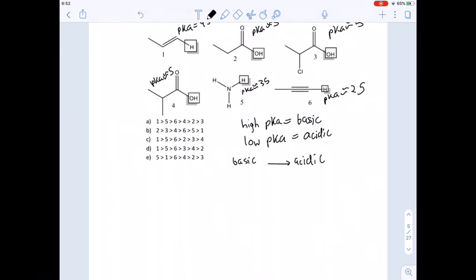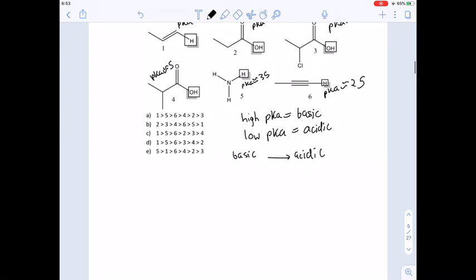The way I would do this if it was me, I would honestly start with the carboxylic acids first, just because there's 3 of them. So when you're comparing the 3 different carboxylic acids, you want to look at what is bonded to it as well. So 2 is just a regular carboxylic acid. 3 has a chlorine on it, and 4 has a methyl on it.